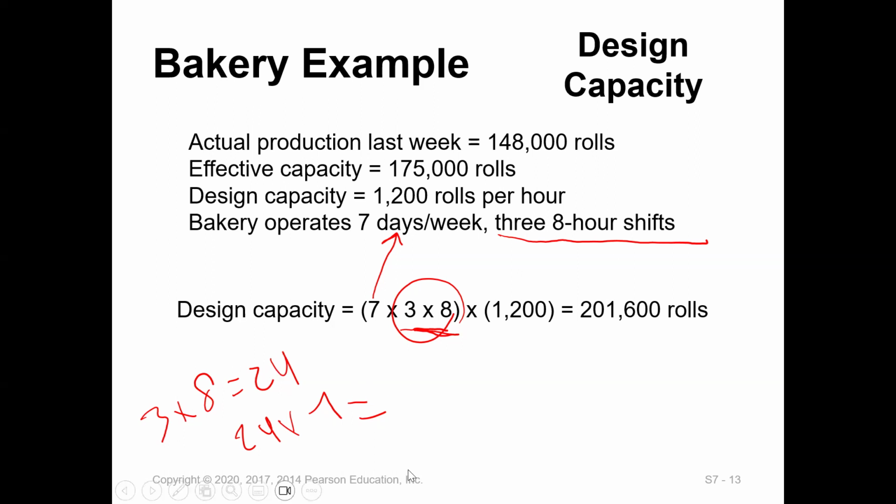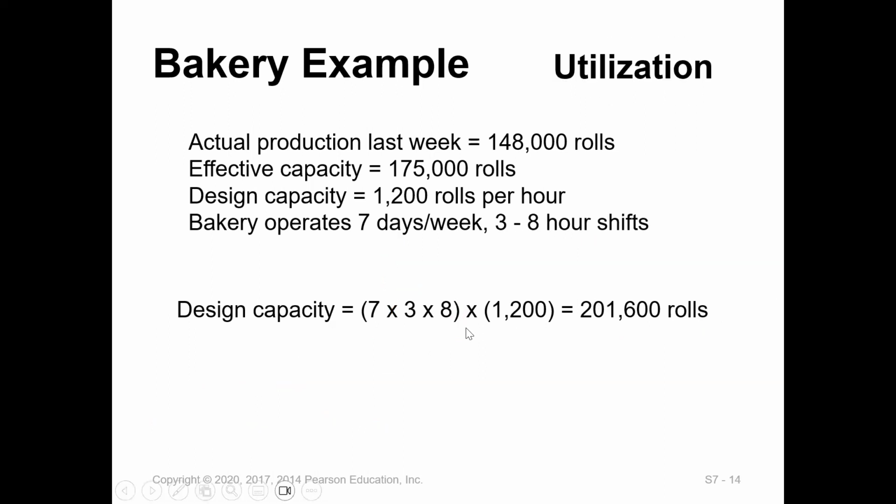So design capacity is the number of hours multiplied by days. So they have to make 201,600 rolls every week. This is the design capacity. For utilization, you take the actual. This facility was designed to make up to this.